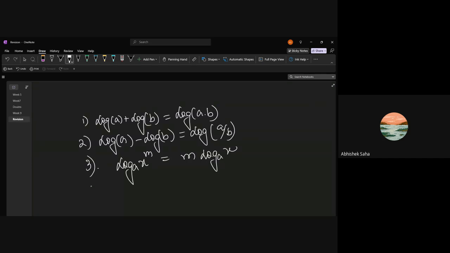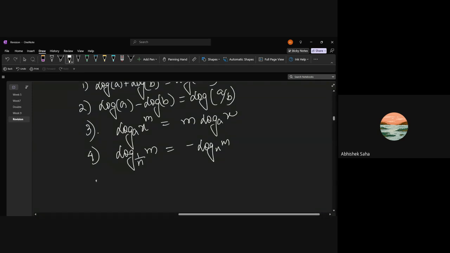There is one more: log of 1 by n to the m is equal to minus m log of n. And you have the change of base rule.